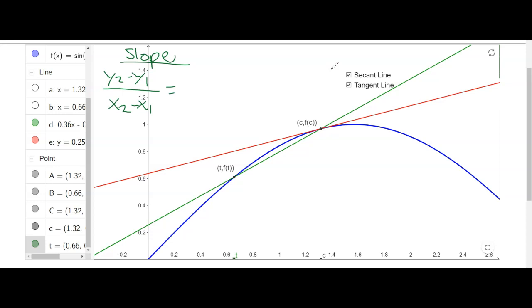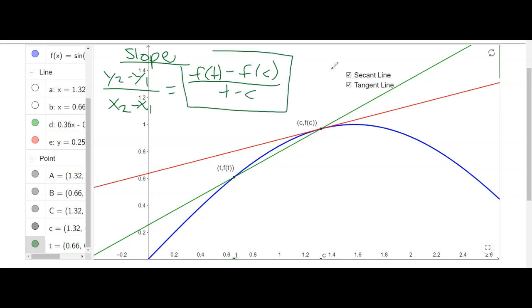So that's going to give me, we'll use f of t minus f of c for my y2 and my y1, and then we'll use t minus c for my x2 and my x1. So that would be the formula we would use specifically for this secant line on this function. And no problem, right? We could substitute in those values and we could find the slope of the green line.